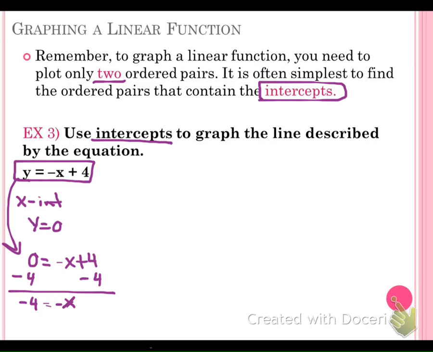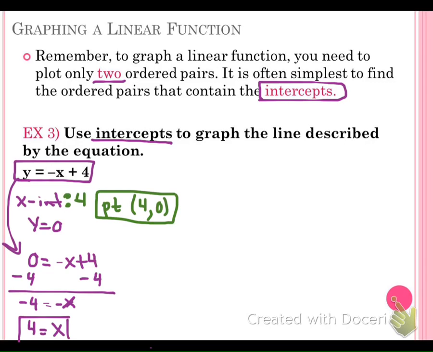And since I have a negative x, I just need to change the sign to make that a positive. So this is now a positive 4, and that is now a positive x. So x is 4. That means that my x-intercept is 4, and the point that I have is going to be 4, 0.